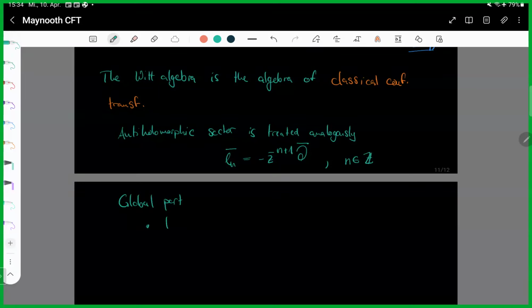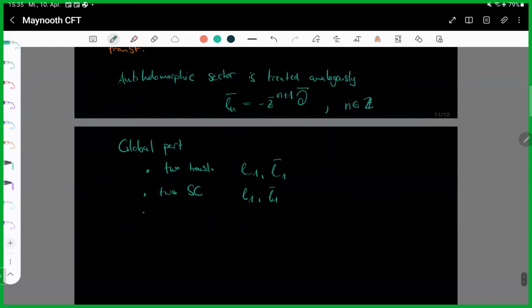We have two translations, which are generated by L-1 and L-1 bar, right? We have 2 special conformal transformations, which are L1 and L1 bar. And we have 1 dilation, which is actually going to be L0 plus L0 bar, and 1 rotation.